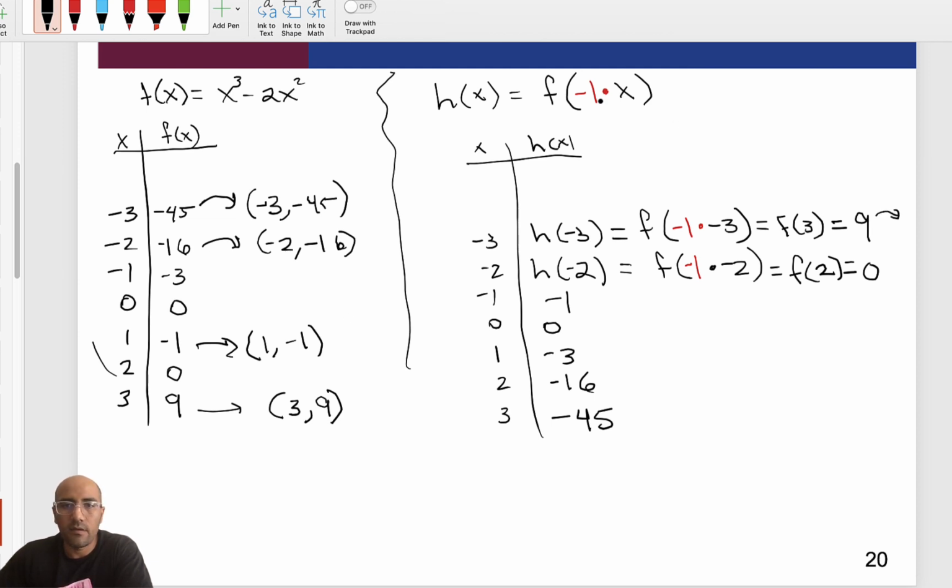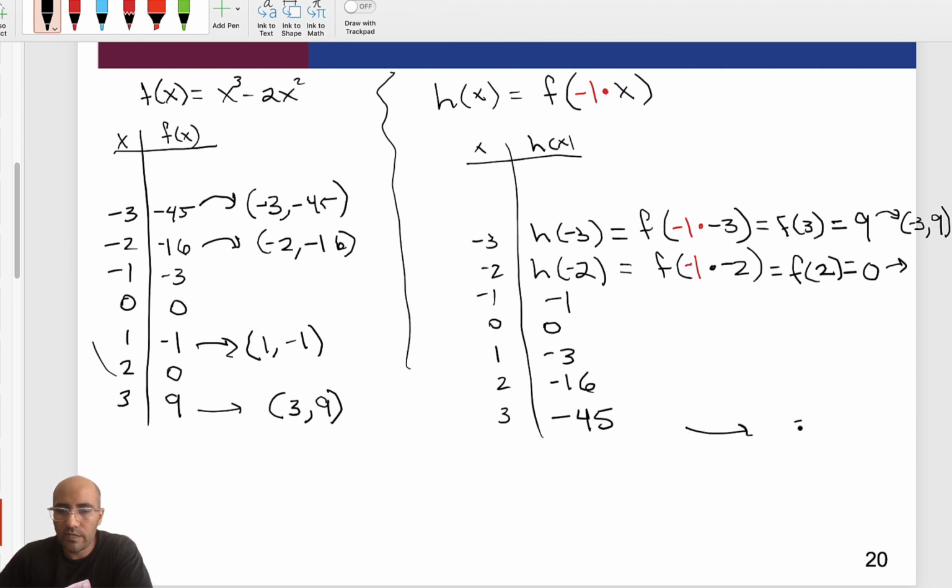Okay, so these are the ordered pairs from the original function, and let's see how they compare to this new function where we've multiplied the argument of the function by -1. So now -3 maps to 9, where we used to have +3, comma 9, now we have -3, comma 9. And then 2 maps to 0, that's not boring. How about this one?